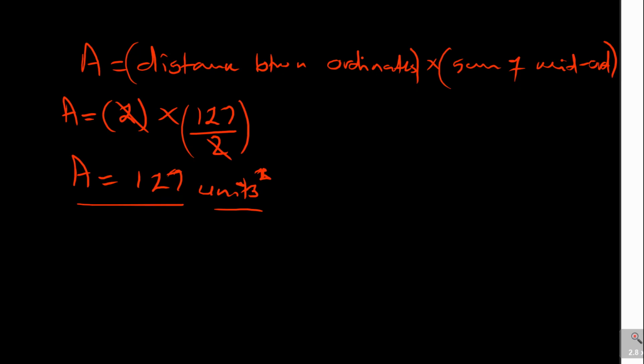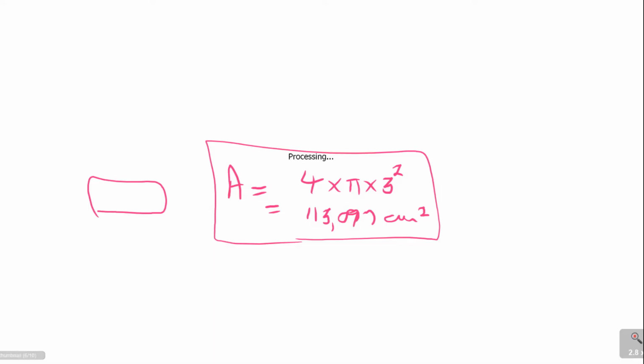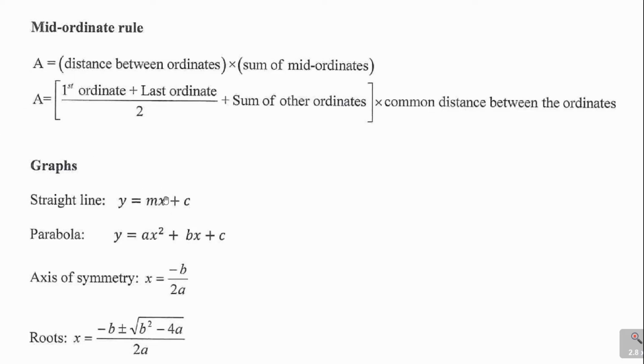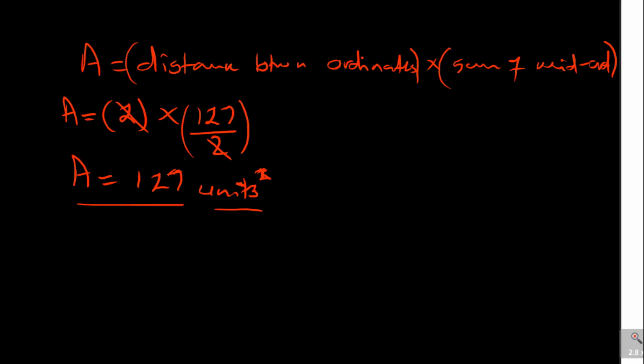What if you prepare the other formula? What if the other formula says area is first ordinate plus last ordinate over 2 plus sum of other ordinates times common distance between ordinates. So we have to write that formula. So let me write this out.